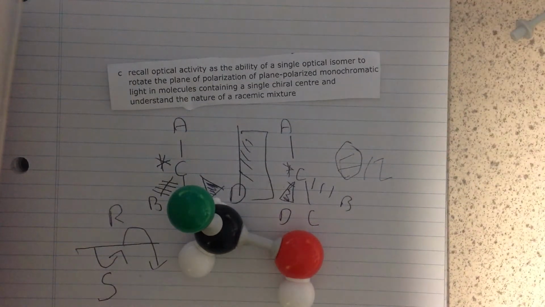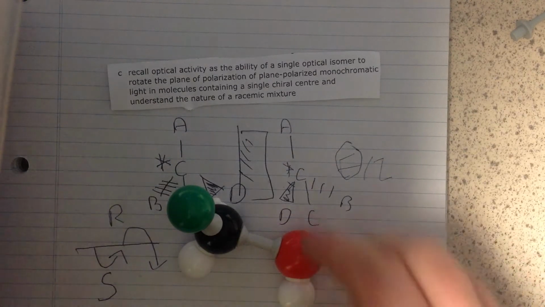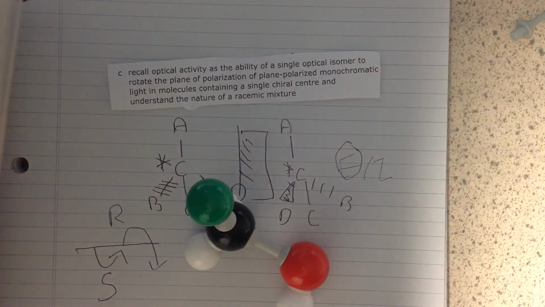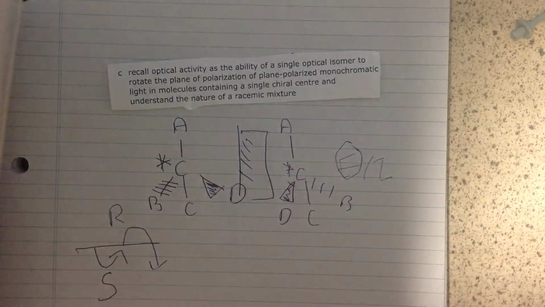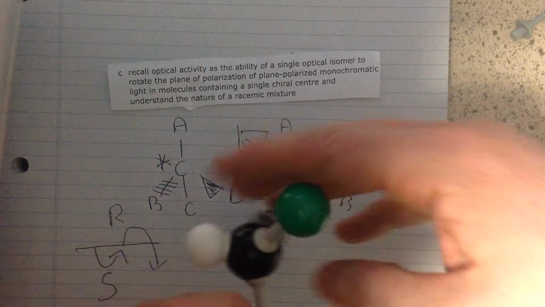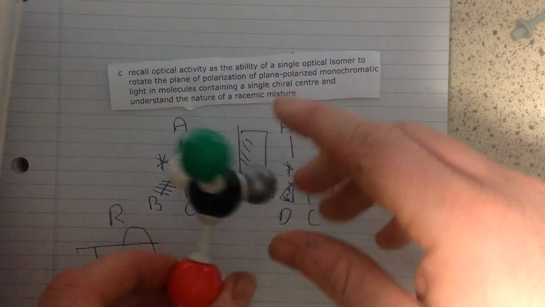And the way that we look at whether it is an R or S isomer, we look at the priorities of each of my groups. I do that from atomic mass. So I artificially put hydrogen, which is the lowest priority, to the back.